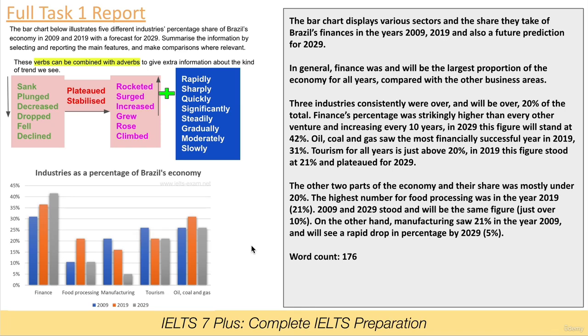I would say as long as you're answering the question and you're not commenting on everything, then you're welcome to write more if you can. Okay, so that was our first task, all about this bar chart regarding Brazil's economy.